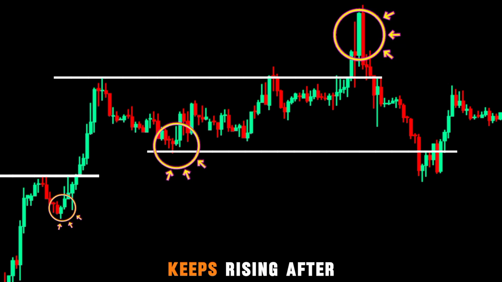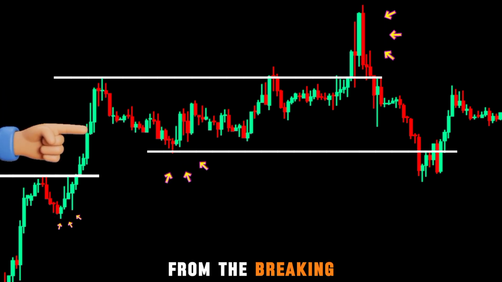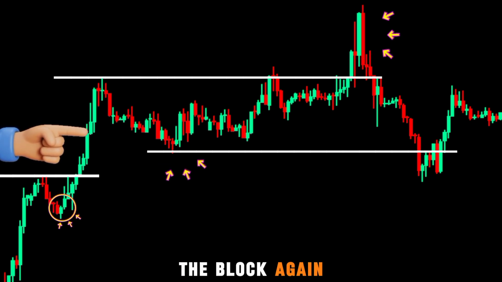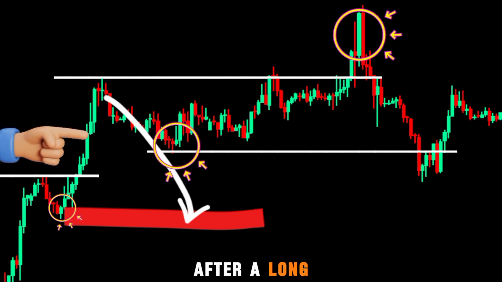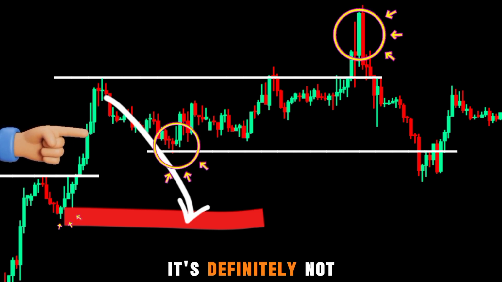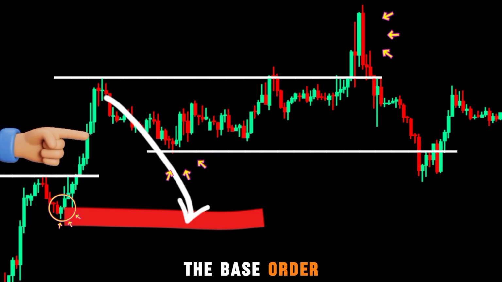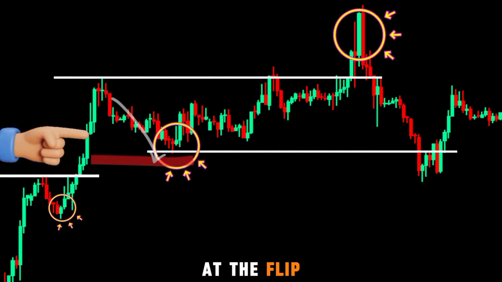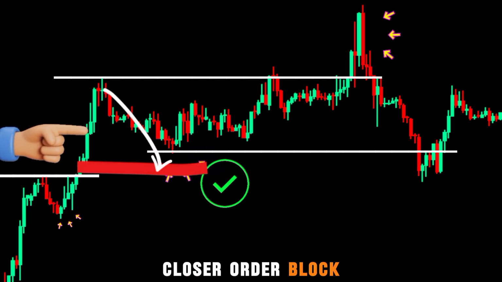If the market keeps rising after breaking the high, and it has gone too far from the breaking point, do not expect it to return to the base order block again. If the market returns to a base order block after a long movement like this, it's definitely not going to give you a good trade. Instead, check if the market dropped an order block at the flip zone so you can get a better trade with a closer order block.